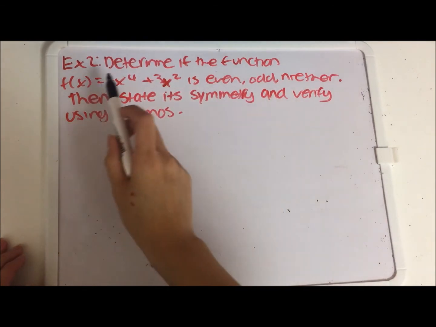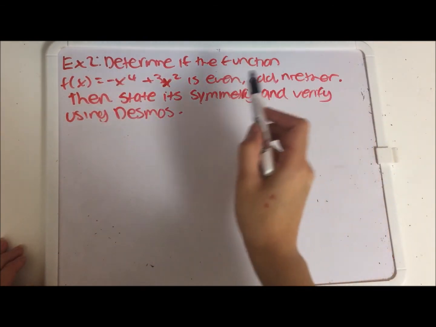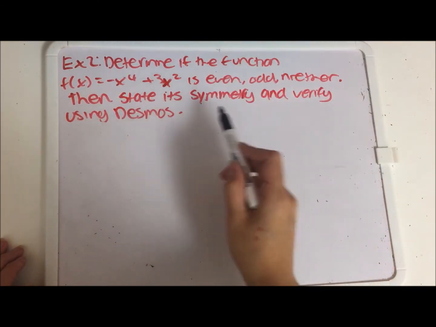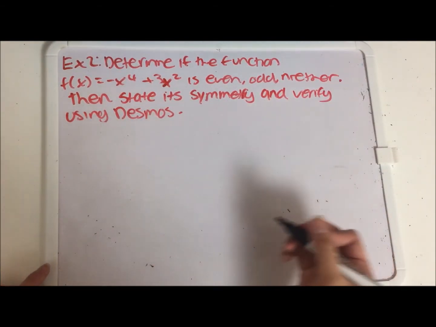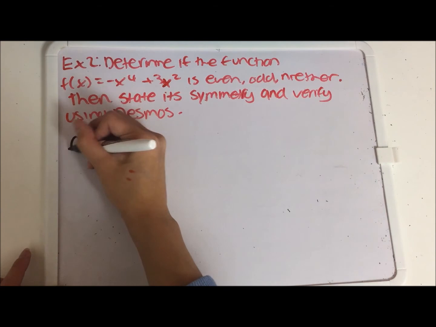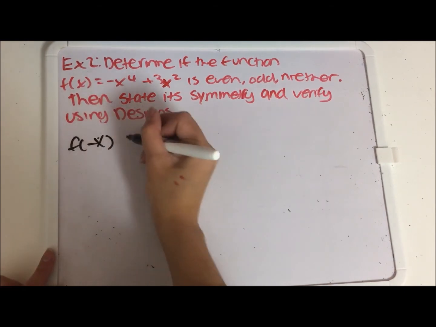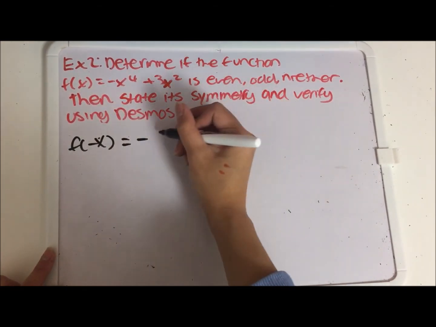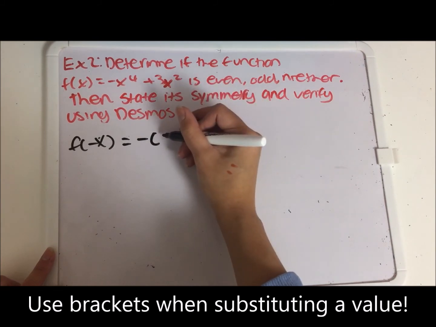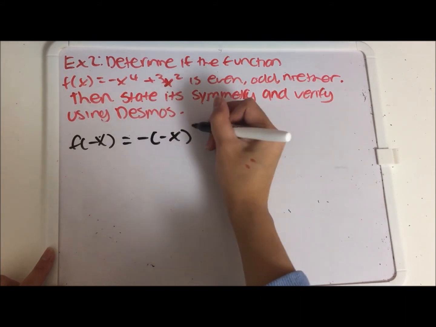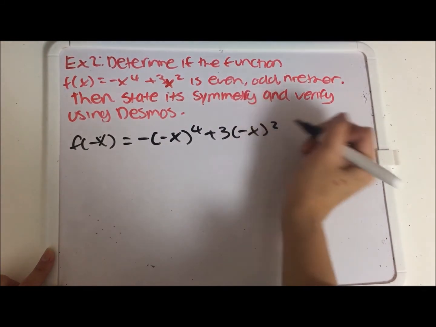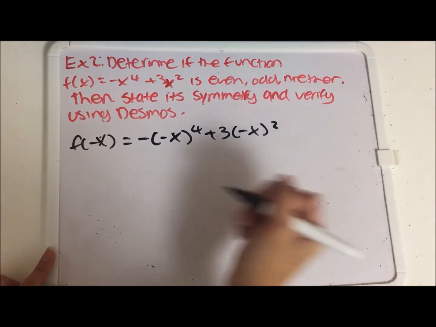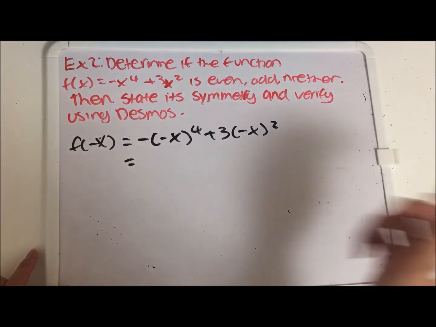Okay, so example 2 asks you to determine if the function is even, odd, or neither, then state its symmetry and verify using Desmos. Same thing, you plug in negative x for x, so f of negative x equals negative, oh, remember brackets every time you sub in a number, so negative x to the power of 4 plus 3 times negative x squared. Okay, let's just simplify. That's easy.